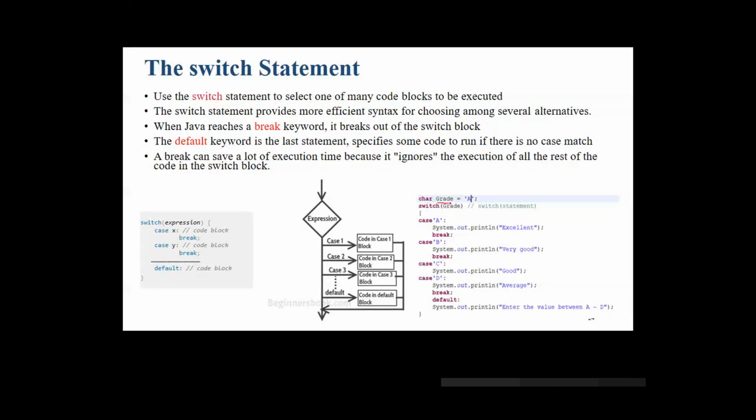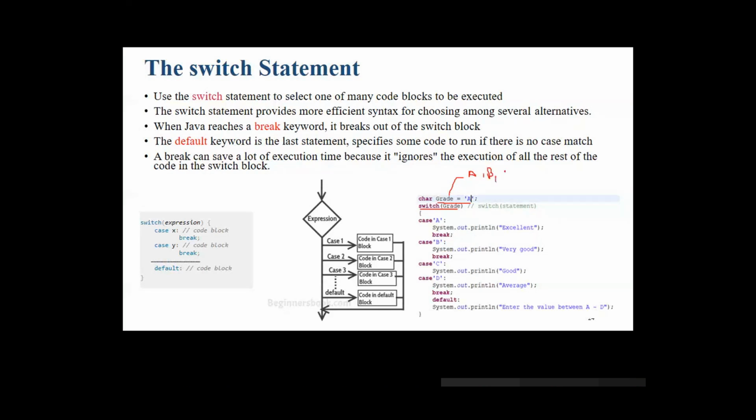You can enter it if you want, or you can calculate it. Switch on the grade. What's the expression here? Grade. So the grade can be A, B, C, D, or other letters.